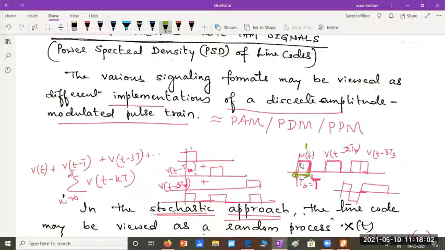So if the pulse is 1, I represent it with, say, a positive voltage plus A. If it is 0, negative voltage or 0 voltage. Either I can represent it with negative voltage minus A if it is a polar format, or I can represent it with 0 voltage if it is unipolar format.